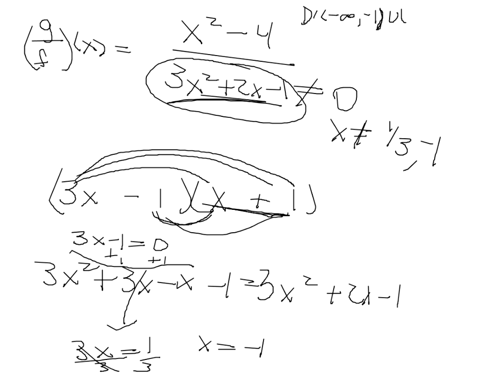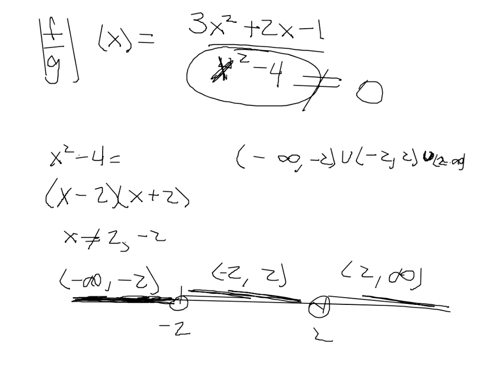I'm not drawing the number line this time, but still think about the number line. Minus 1 to 1/3, union 1/3 to infinity. And that is my domain. So g over f gives us a different function and different domain than f over g.